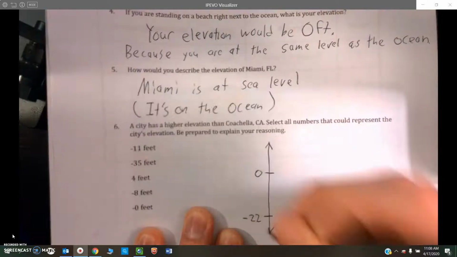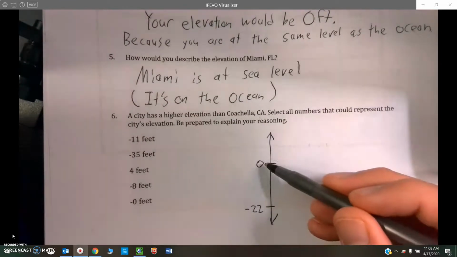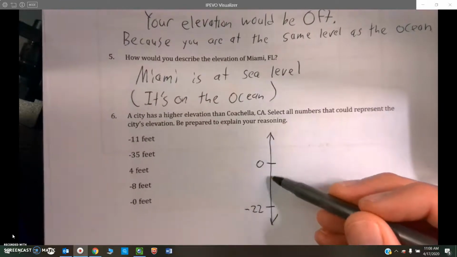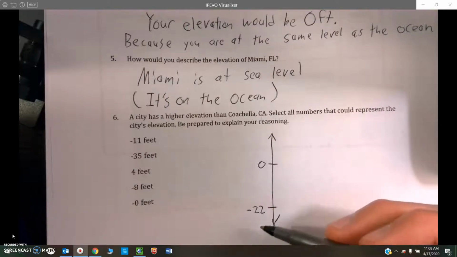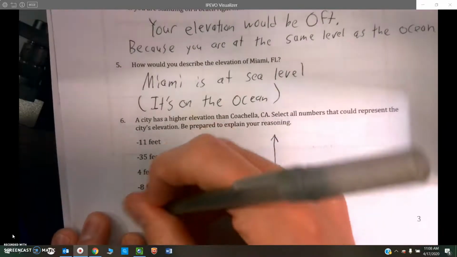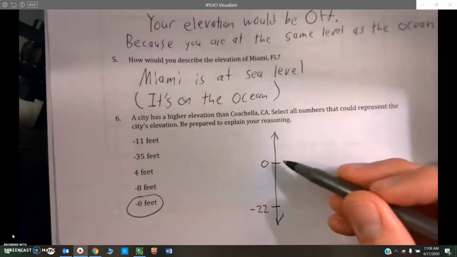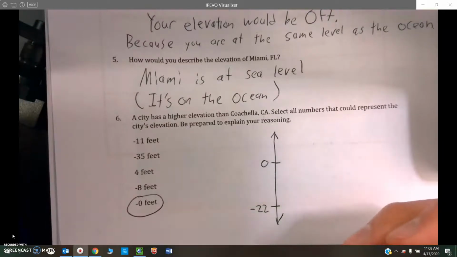Coachella's down here at negative 22. So 22 feet. So here's sea level 0. And then Coachella's all the way down here. So which ones are higher? Well, I can already tell 0 feet is higher because it's higher up. That's negative. 0 is bigger than negative.